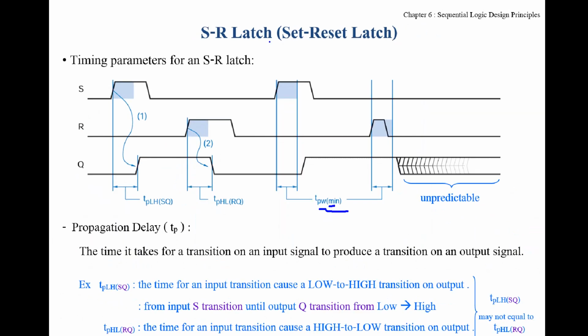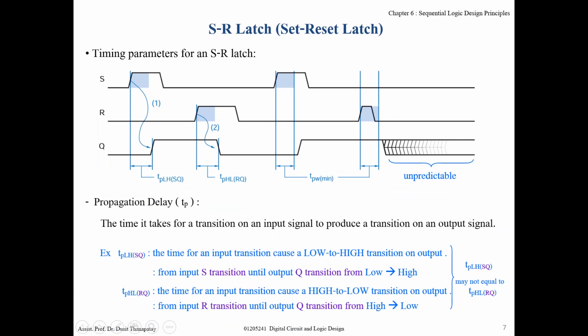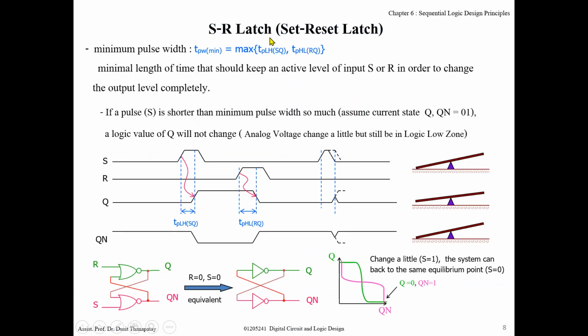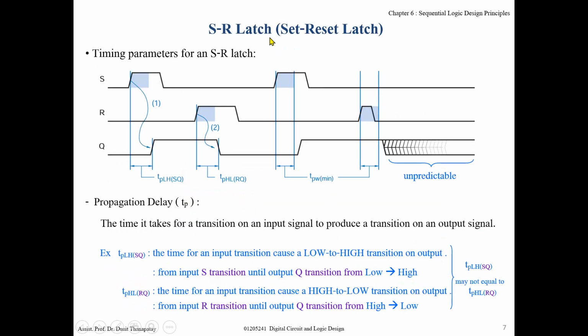Minimal pulse width, what is it? Let's consider, if you want, for example, to change Q from low to high, so you give the input S to 1, right?